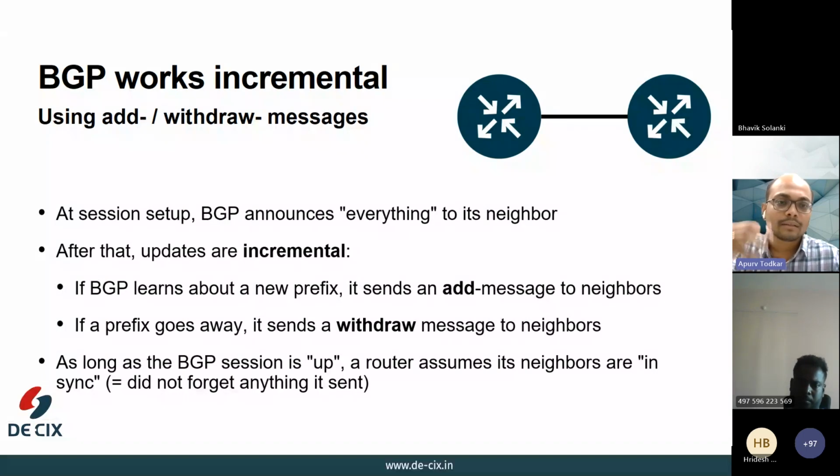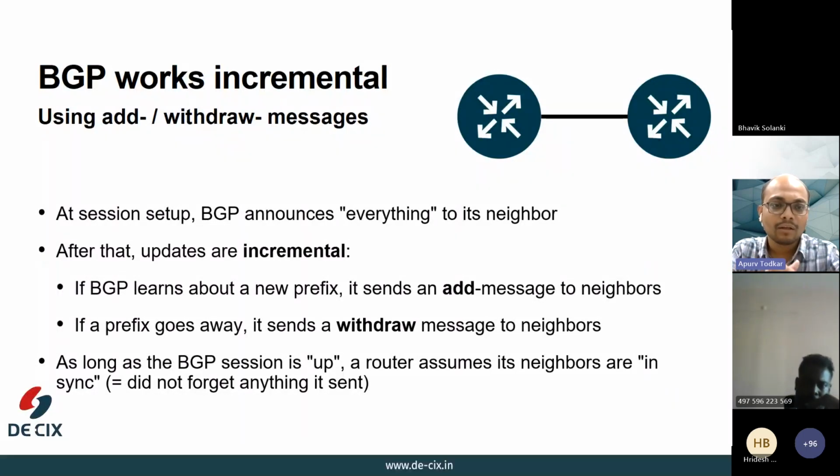As long as the BGP session is active, BGP keeps sending keepalive messages periodically, and TCP takes care of the session management also. Okay. As long as the BGP session is established, the router assumes that the neighbors are in sync, meaning that every piece of information that has been sent to the neighbor has been received and processed properly.